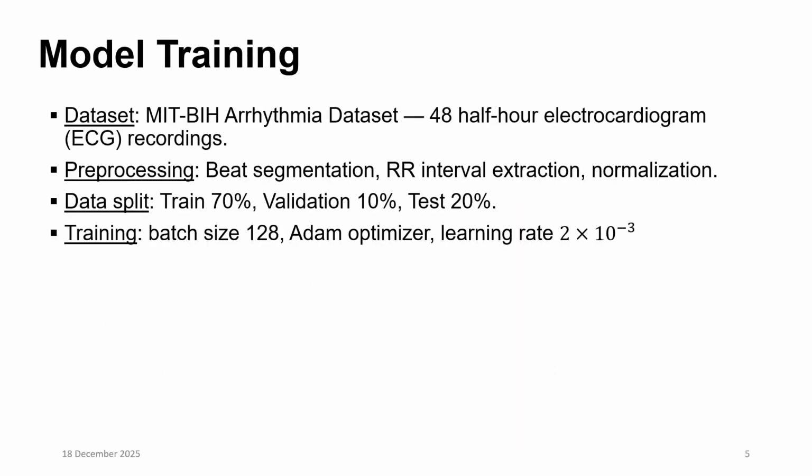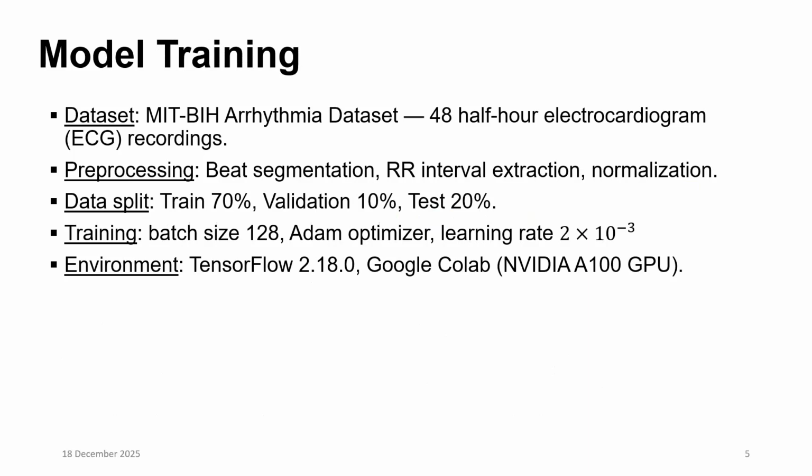First thing we did was replicate the work. We took the MIT-BIH dataset, which is around 120,000 heartbeats, containing 48 and a half ECG recordings. We did pre-processing. Since they are continuous data, first we need to segment the beats, then extract the RR interval, calculate the pre-RR and post-RR, and then normalize it to some threshold to make it easy to train the model.